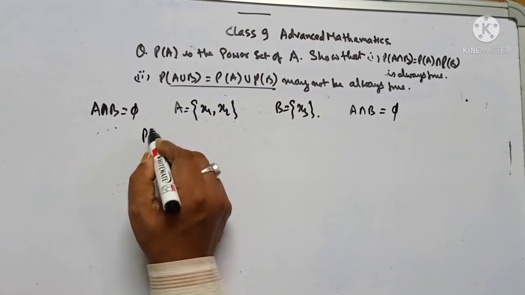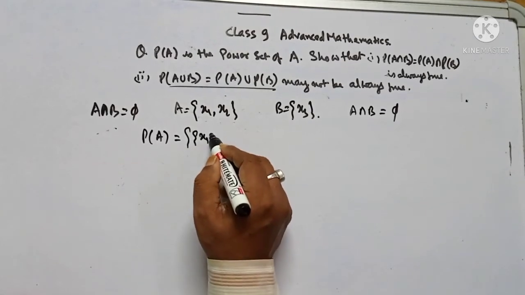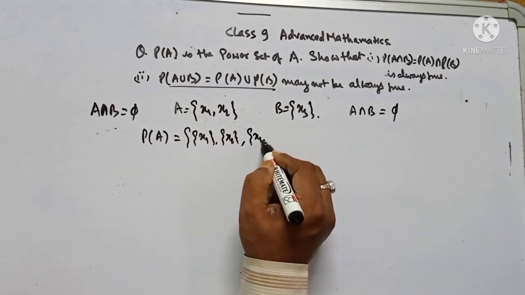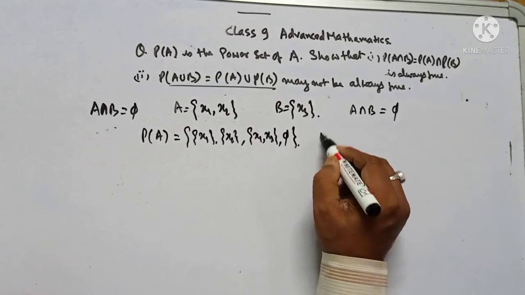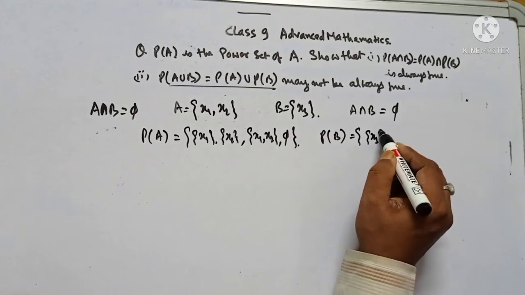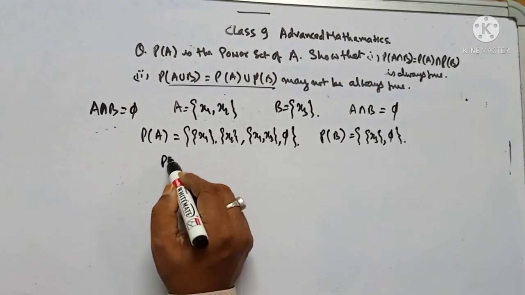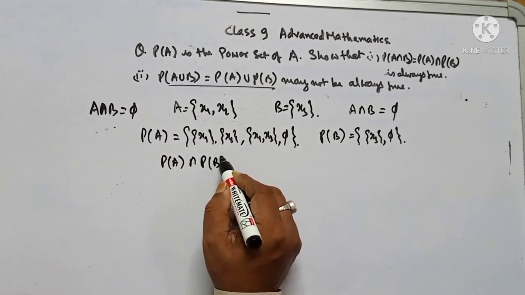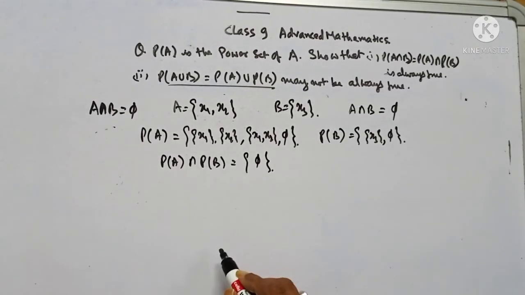Now P(A) is {x1}, {x2}, then {x1, x2} and your phi, and here you see P(B) will be {x3} and phi.